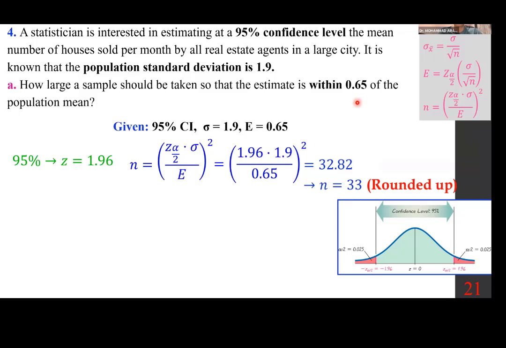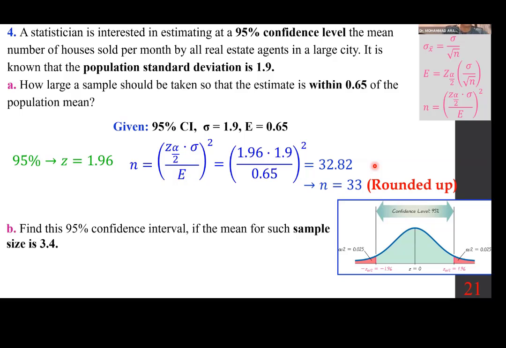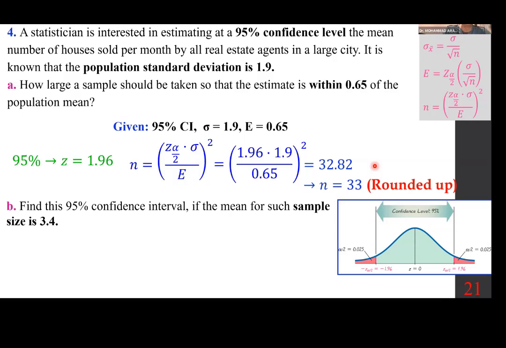Why? Because even if it says 32.1, that is the minimum sample size. And if you need 32.1 at least, to be on the safe side you can always go up, but that's the minimum you need.